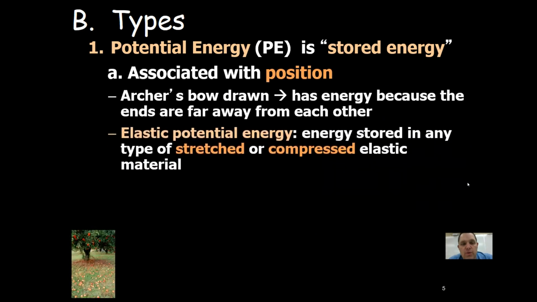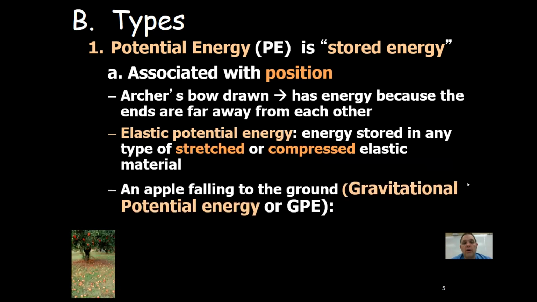This is what we'd call elastic potential energy, energy stored in stretching and compressing. Which is good, there is energy there. We're not going to do any calculations with that. The one we're going to do calculations with is when we talk about the height, or gravitational potential energy, or GPE.